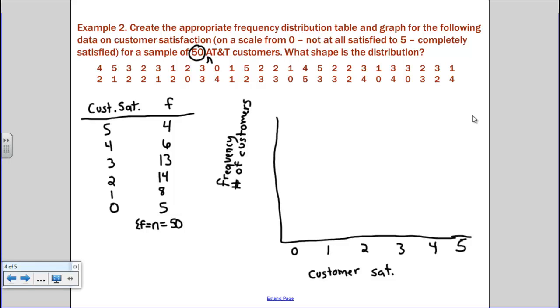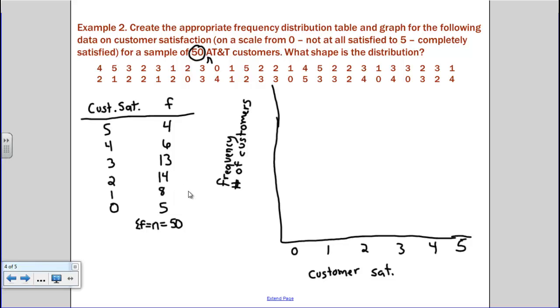Now we are going to draw bars above each different value in our data set on the x-axis, and the height's going to correspond to the different frequencies in our data set. Now let's go ahead and look at our frequencies and be strategic about how we want to label this. I personally don't want to write 1, 2, 3, 4, 5, 6, 7, 8, 9, 10, 11, 12, 13, 14 all the way up because we have to get to the highest frequency.